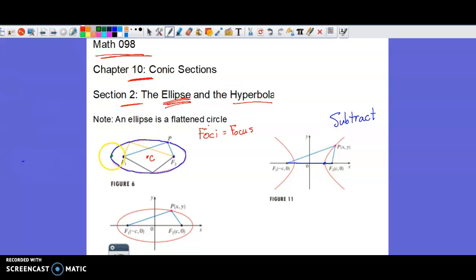By the way, we do also call these points on the outside the vertices. So the foci are inside of the two vertices in an ellipse, whereas in a hyperbola, the foci are on the outside of the two vertices. And you still have a center here in the middle for a hyperbola. So hopefully I've done some justice explaining the difference between the two of them.